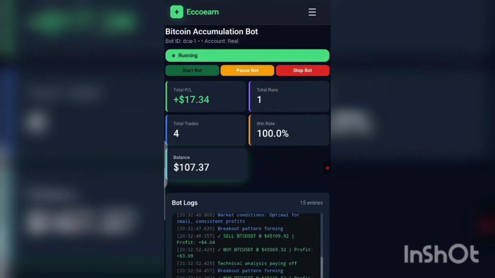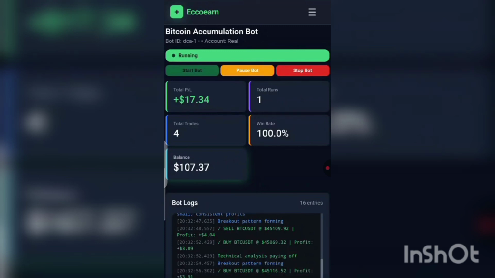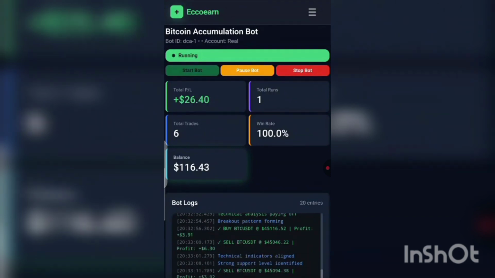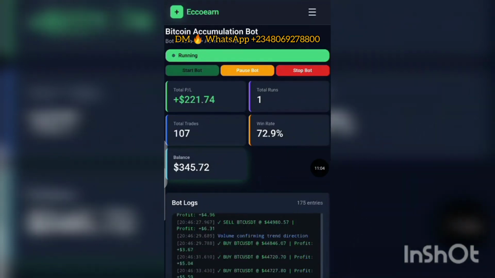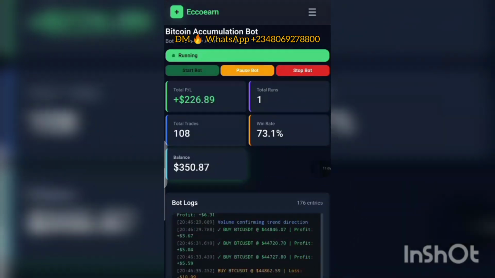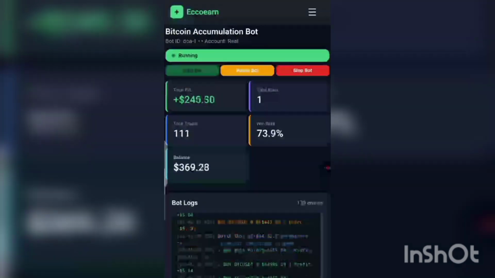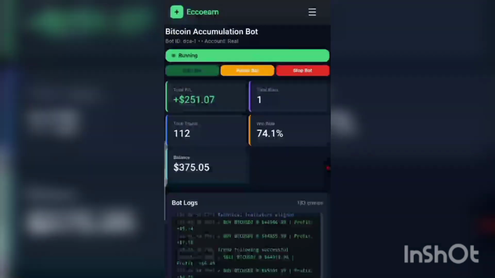I'm going to allow this trade to run for some minutes before I come back to see how much profit I have made. Guys, after some minutes you can see the bot has generated 200 and something USD, and it has done a lot of trades within some minutes.